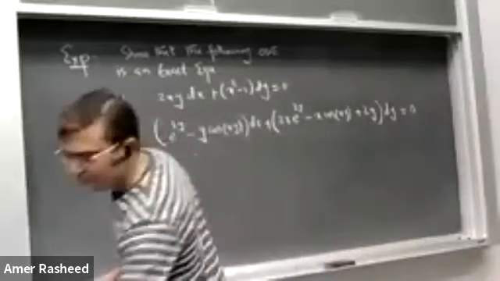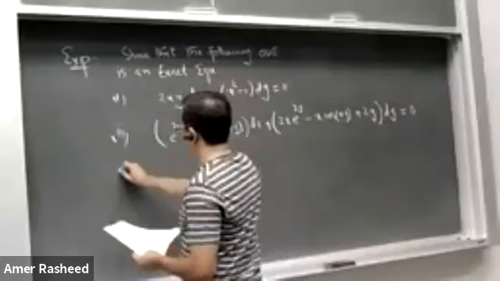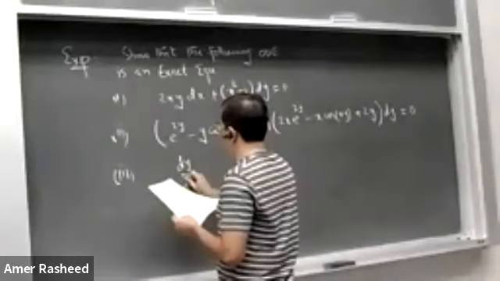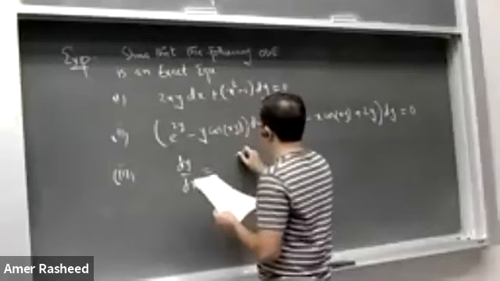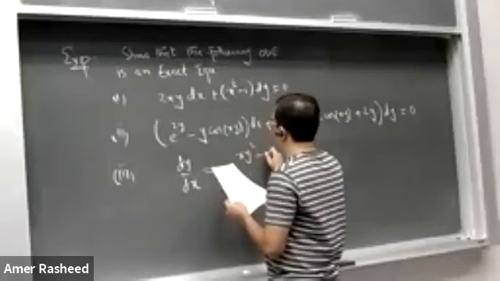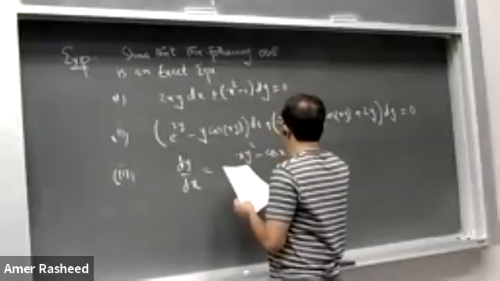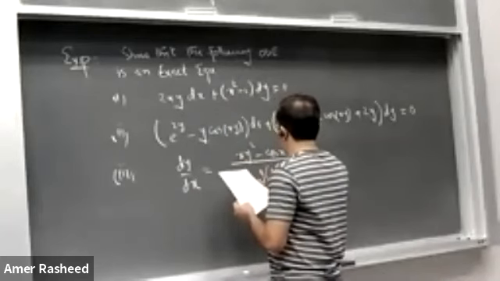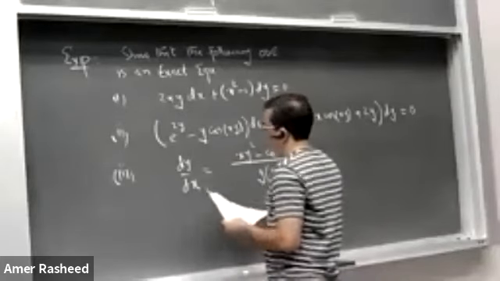Another example: dy by dx is equal to xy square minus cosine of x sine of x, whole divided by y times 1 minus x squared.